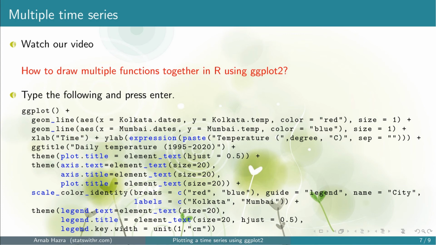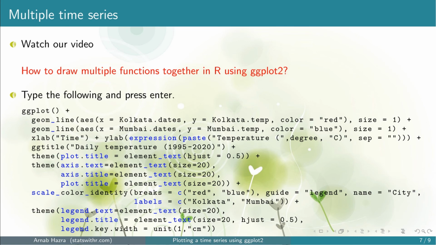In the fourth, fifth and sixth lines, we add the titles of the x-axis, y-axis and also the plot title at the top center, similar to the single time series. In the seventh line, within theme, we add the arguments axis.text, axis.title and plot.title similar to the single time series.